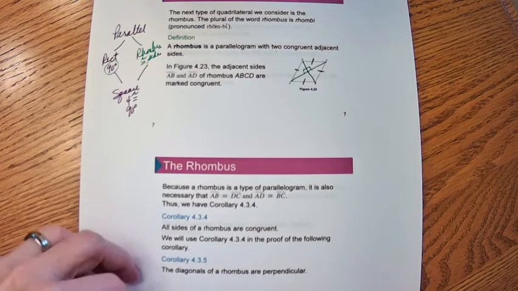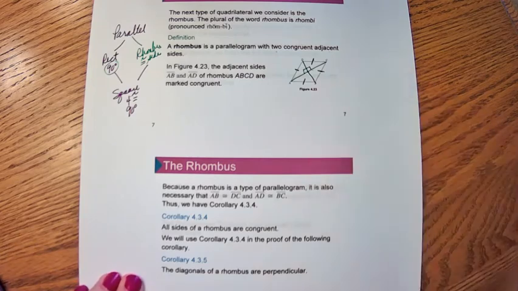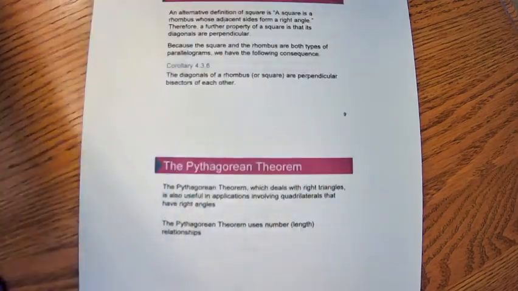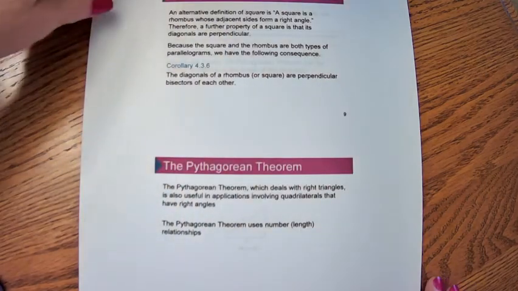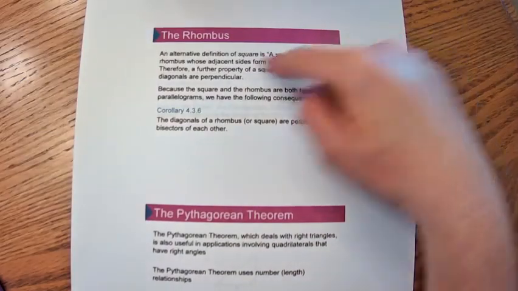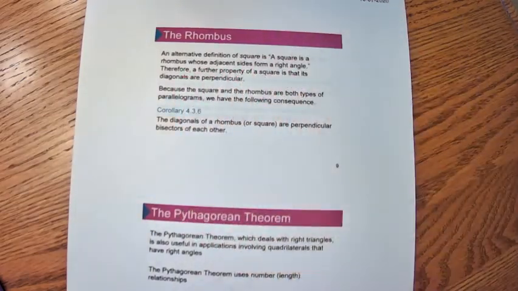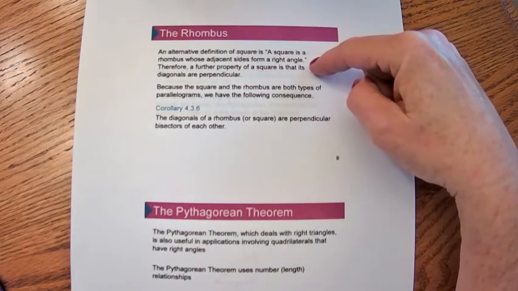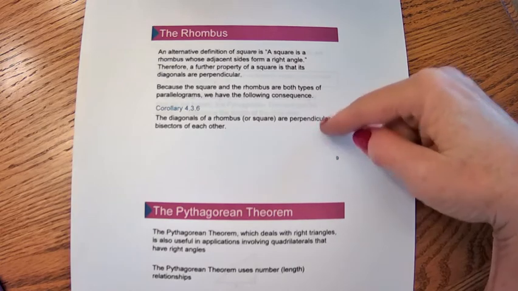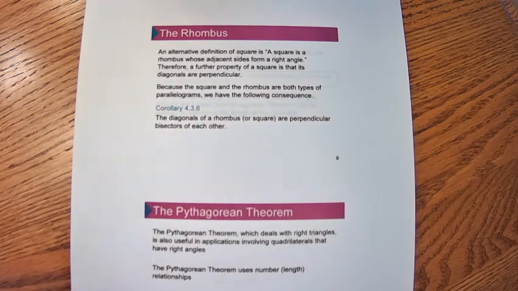So a square is a rectangle that has some properties of a rhombus, or you can think of a square as a rhombus that has the properties of a rectangle as well. So here's an alternate definition of a square. A square is a rhombus whose adjacent sides form right angles. And the diagonals of a rhombus or a square are perpendicular bisectors of each other.